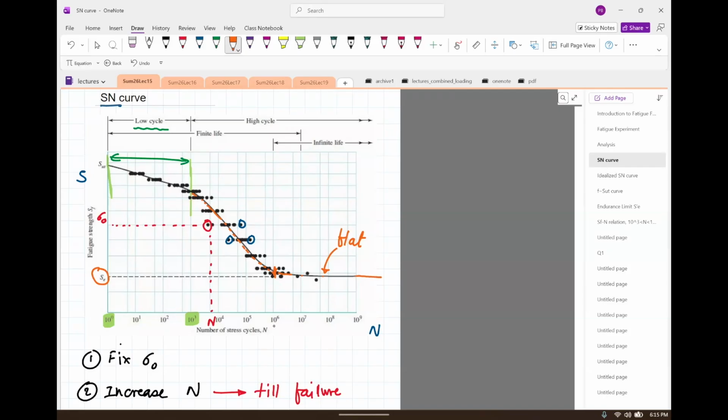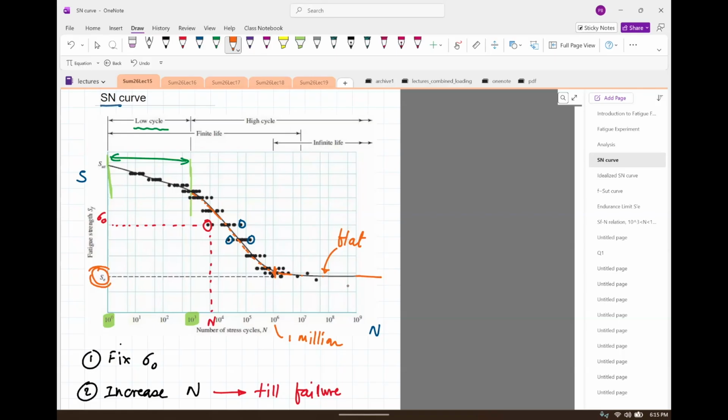So this is 1 million, and 1 million is a very important point on this SN curve. After 1 million cycles, whether you go to 10 million or 100 million or 1 billion, you'll see that there is no effect on strength. It doesn't really fail, so to say. It just stays constant. So there is this critical strength at which this will occur.